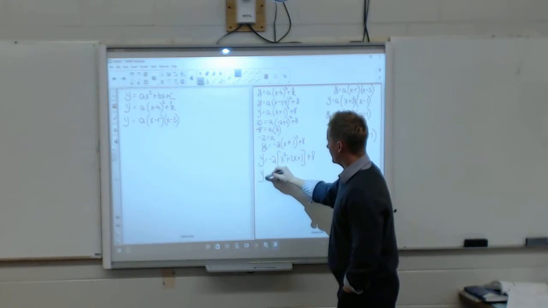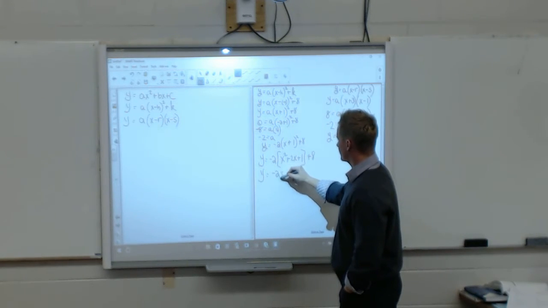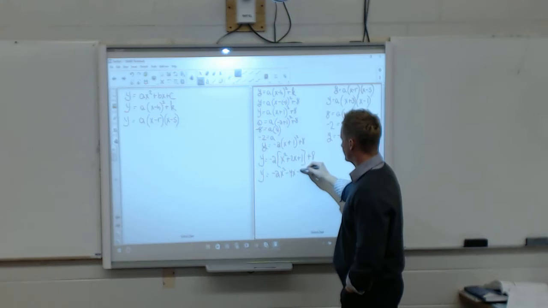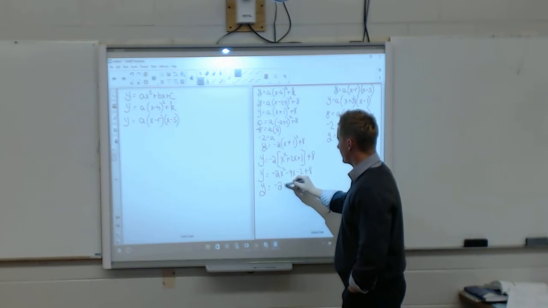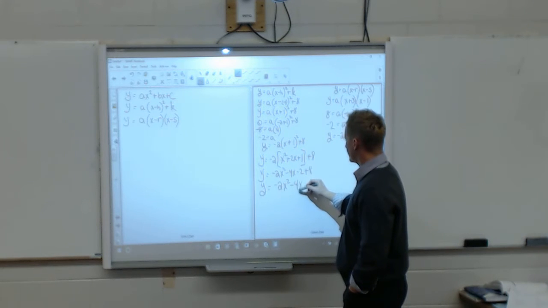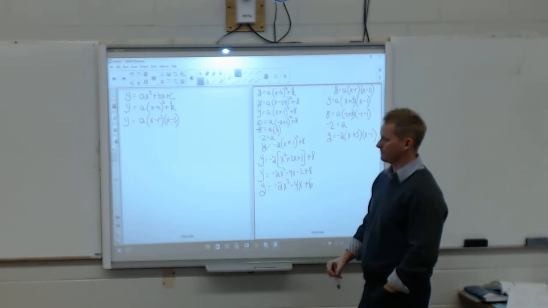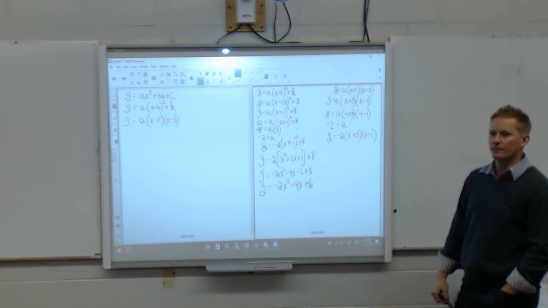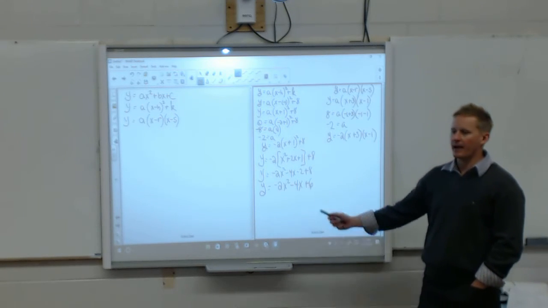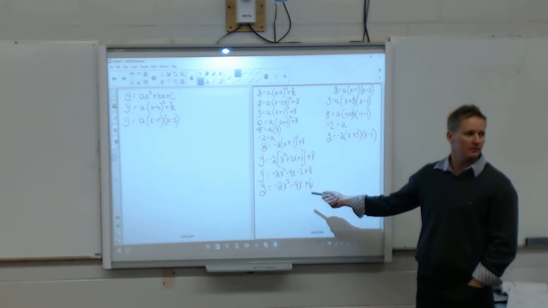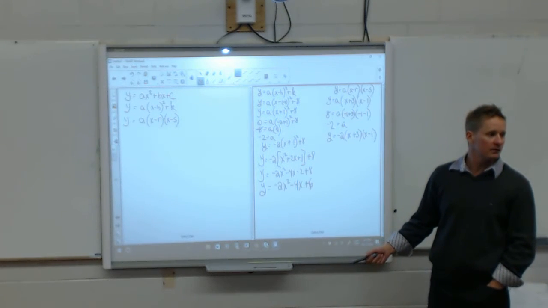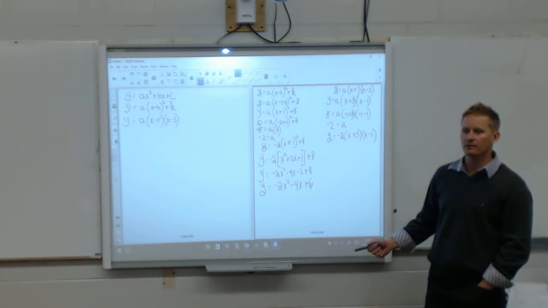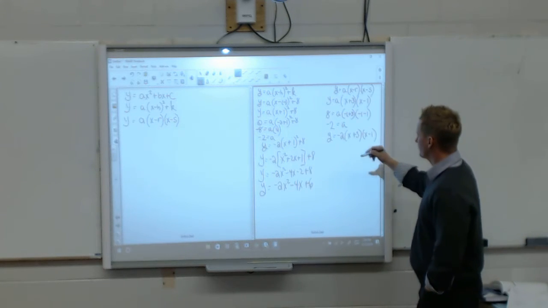Okay? y is equal to -2x squared minus 4x minus 2 add 8. y is equal to -2x squared minus 4x plus 6. There it is. What's my a value? -2. What's my b value? -4. What's my c value? 6.